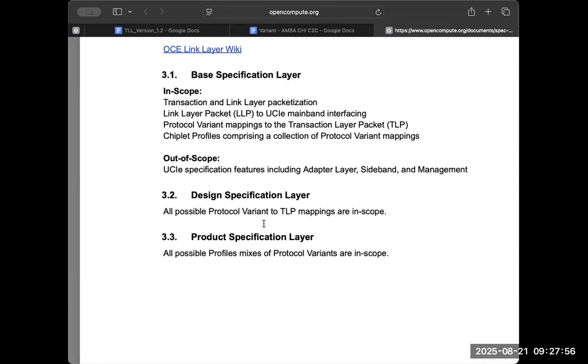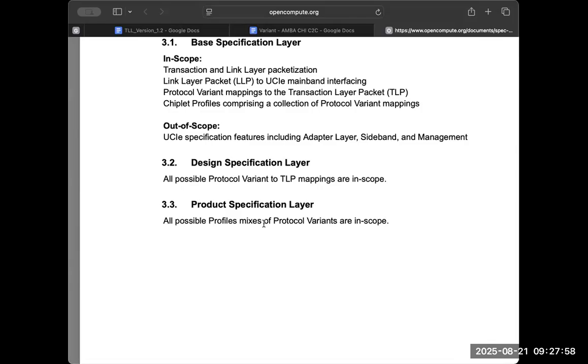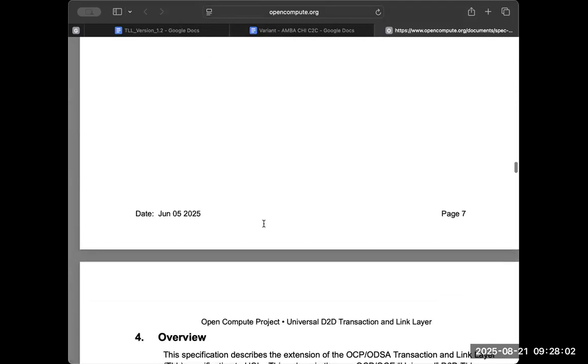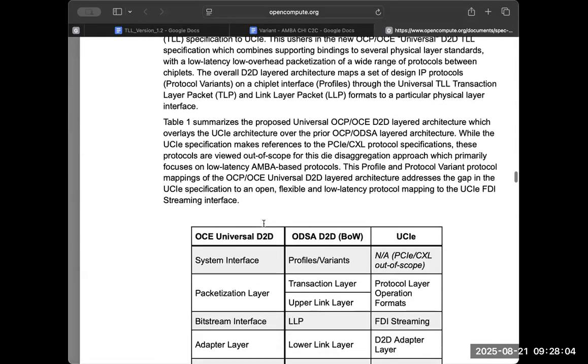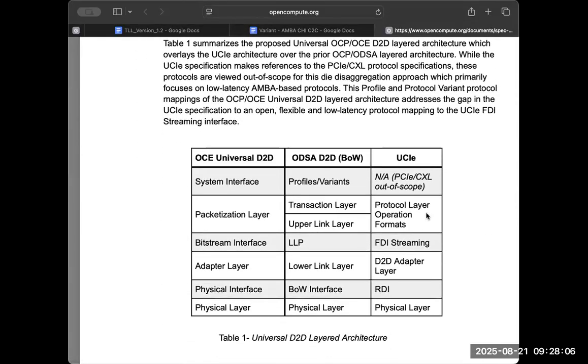And then I start out with the base specification here. This is really just talking about the TLL again. So I did a table with David of the different layerings and how it compared to UCIe. I think it's fairly accurate, so I wouldn't expect people to have issues with it, but let me know if there's anything here that jumps out.